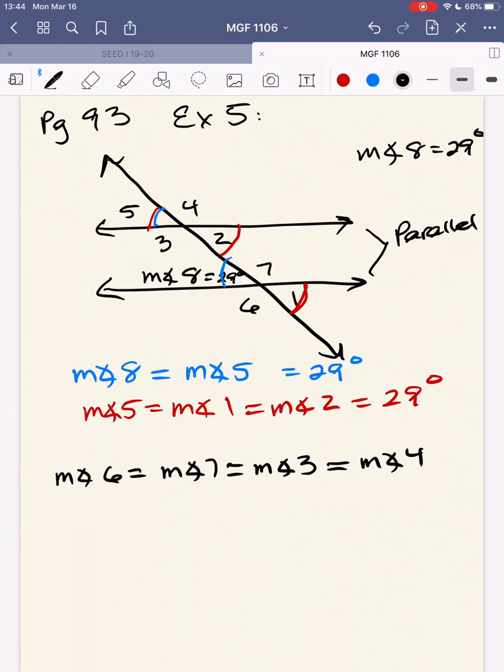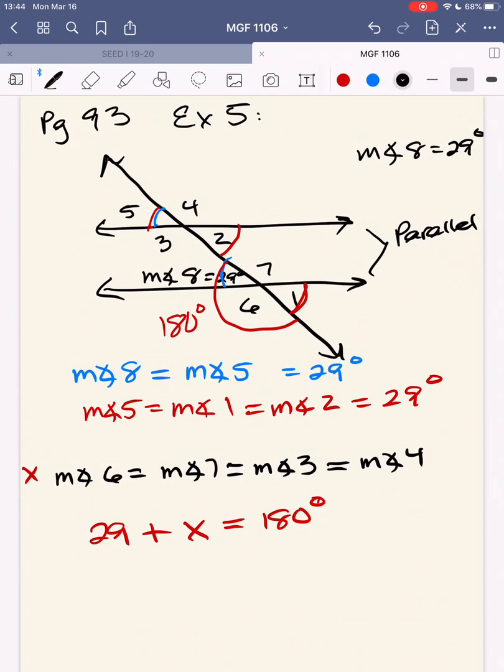Now, the parallel lines and this line here create a 180 degree angle. So I know if I take my 29 that I already have and add it to one of my angles I'll call X, which are represented by these, it should be equal to 180 degrees.